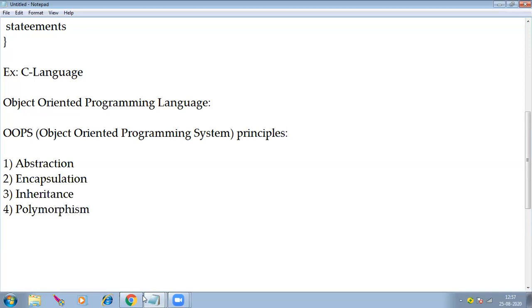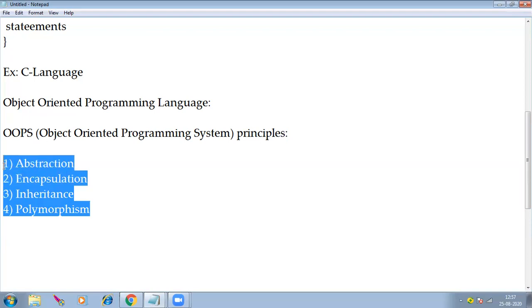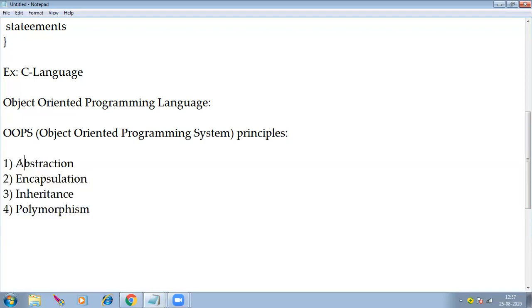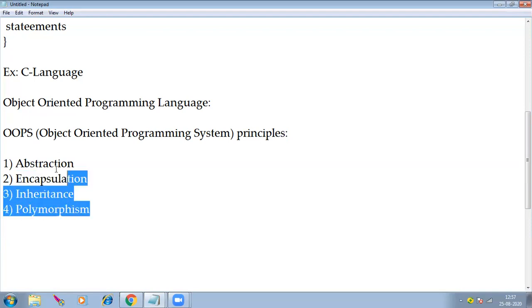So these are the four principles. I'm going to discuss these points very clearly in the next video.